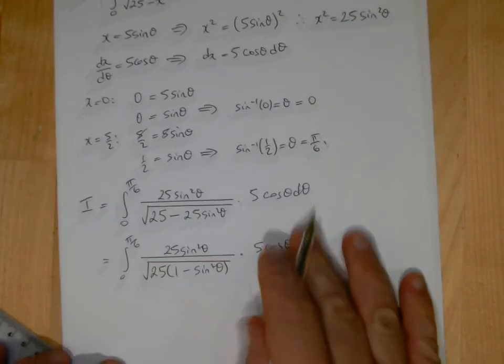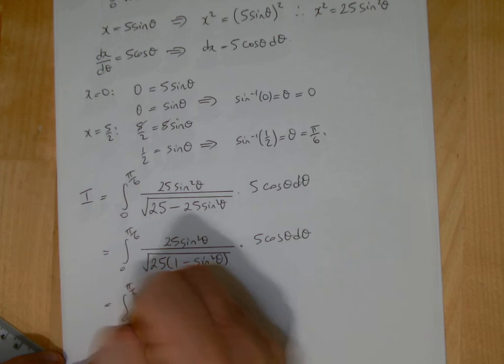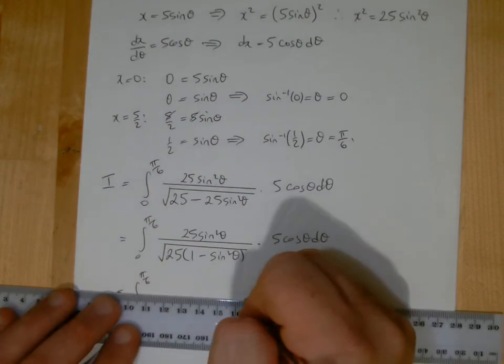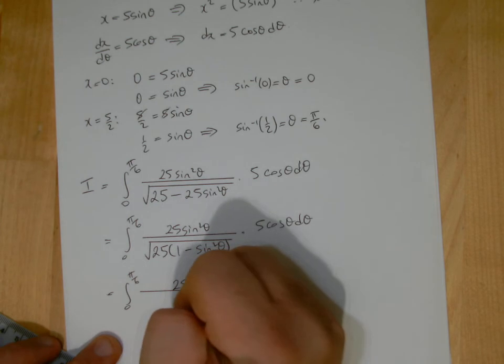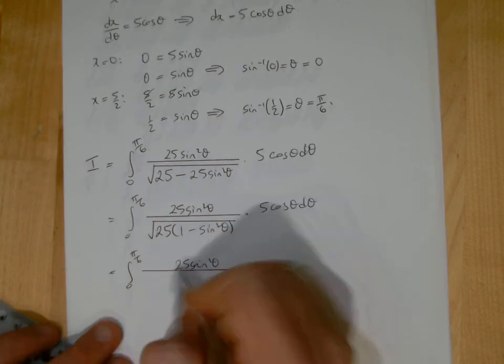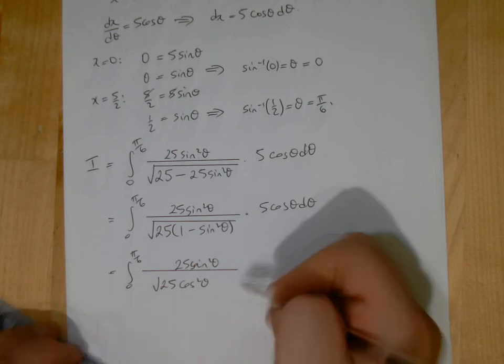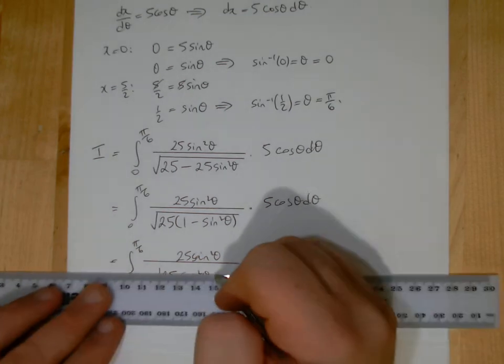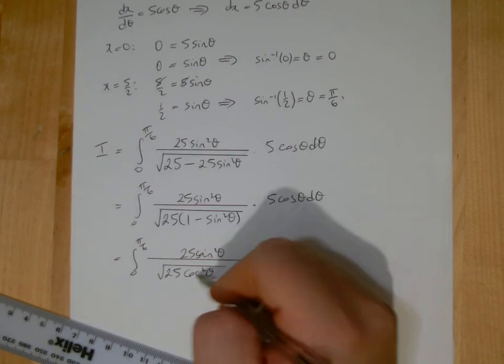But 1 minus sine squared quite simply becomes cos squared. So on the bottom, you've got the square root of 25 cos squared theta. That's what 1 minus sine squared is equal to, cos squared.